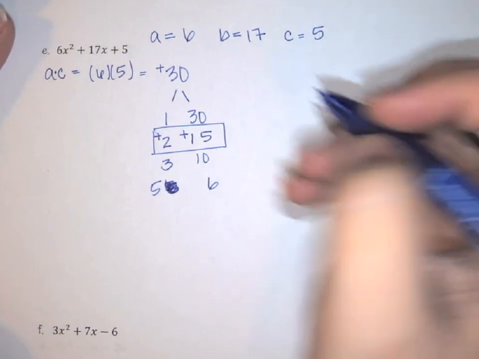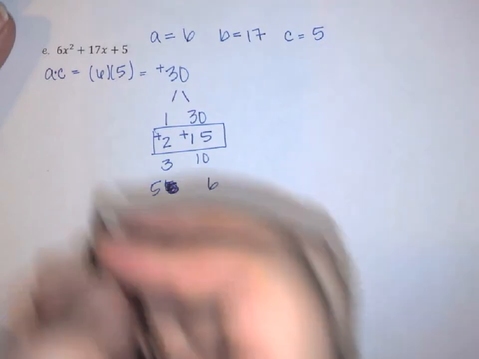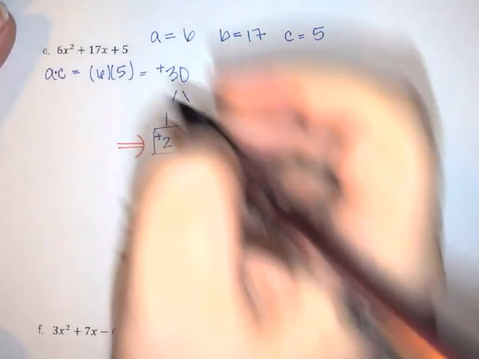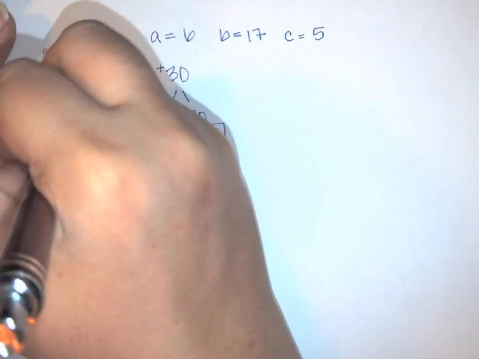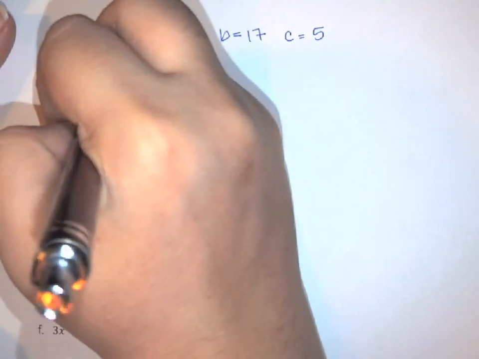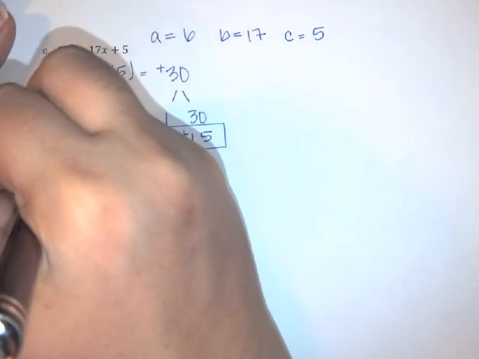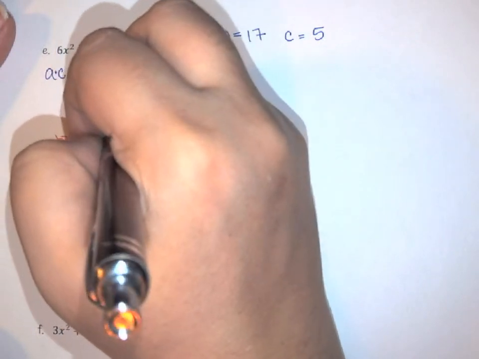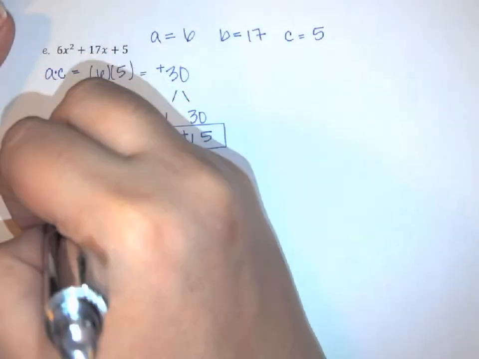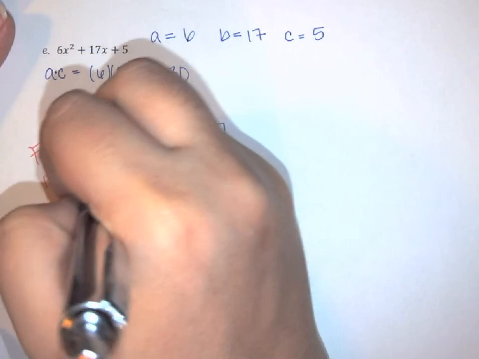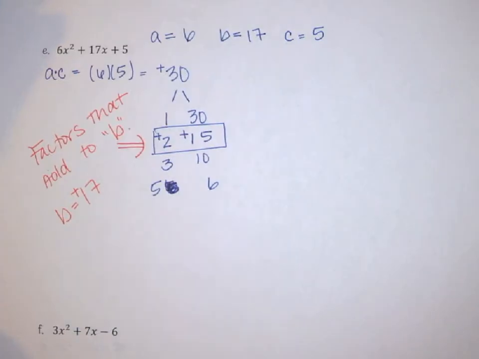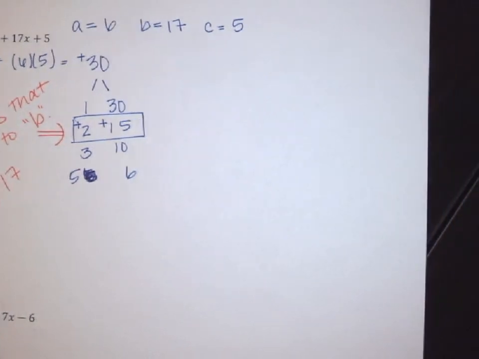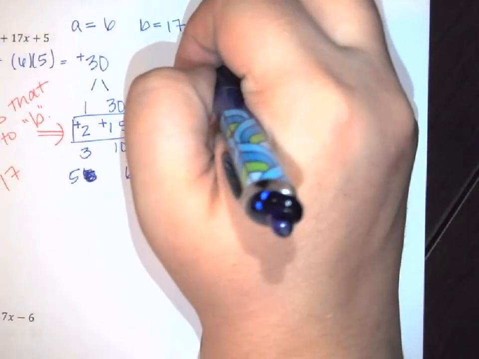So here, if you remember, this step here are my factors that add to your b term. And in this case, b was a positive 17. Once you figure that out, remember you have to start with your method.